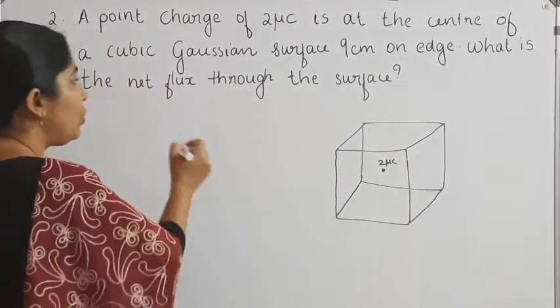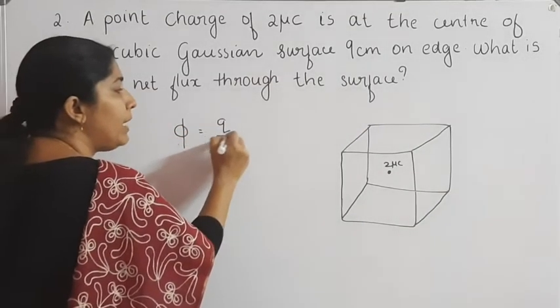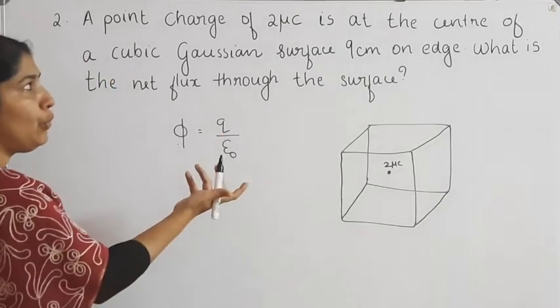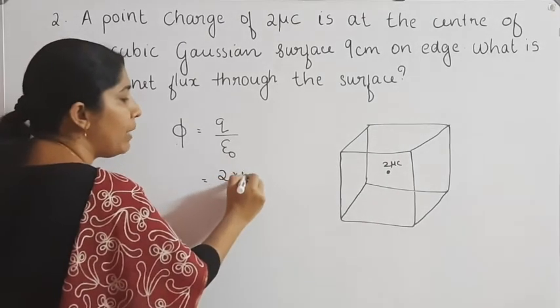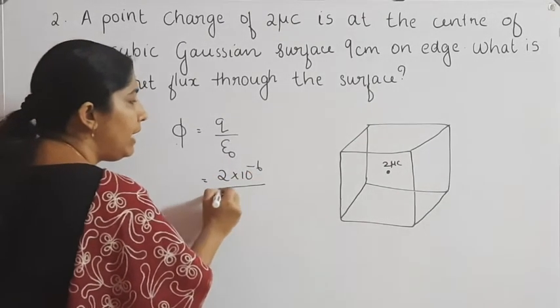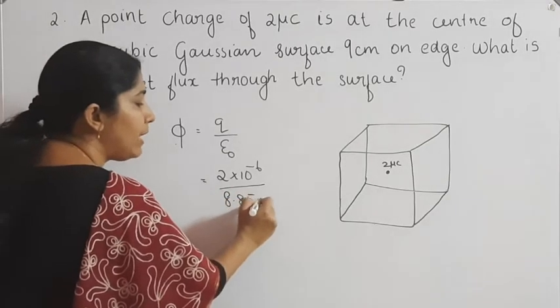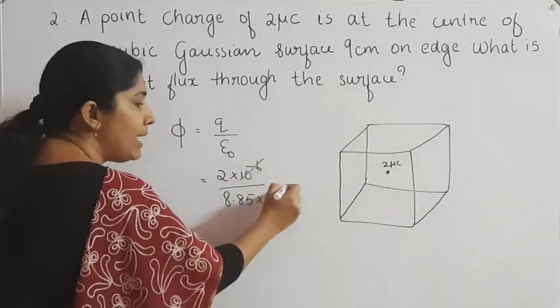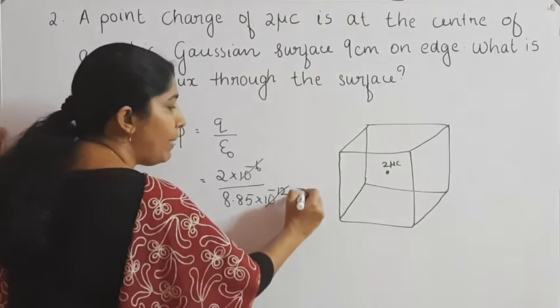Then what about the flux through the surface? According to Gauss's theorem, the flux phi is equal to Q divided by epsilon 0. What about the value of Q? Q is equal to 2 microcoulomb. So 2 into 10 raised to minus 6 divided by epsilon 0, which is 8.85 into 10 raised to minus 12. 10 raised to minus 6 divided by 10 raised to minus 12 is equal to 10 raised to minus 6.